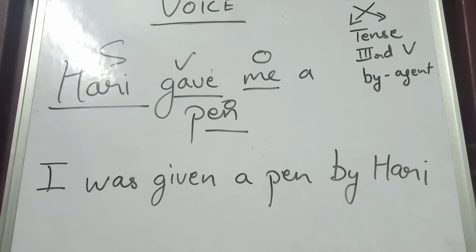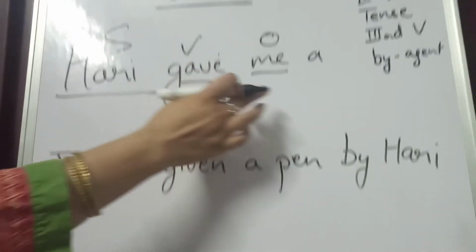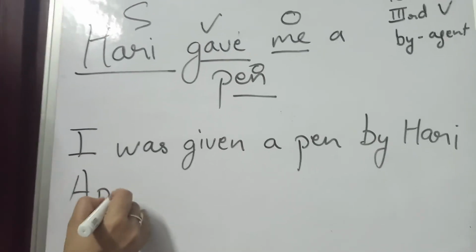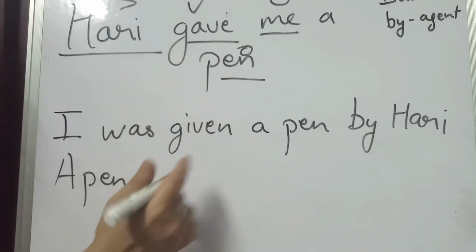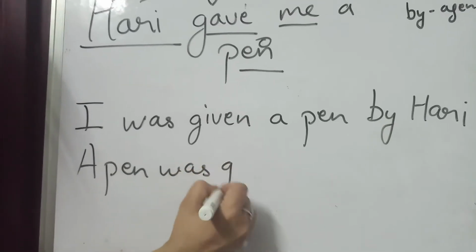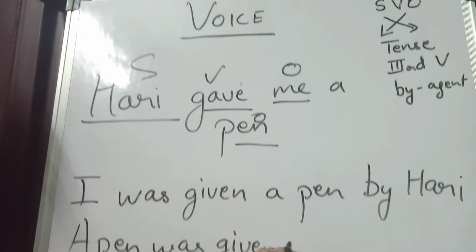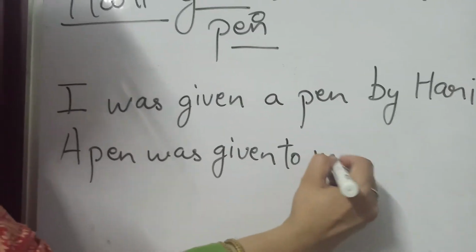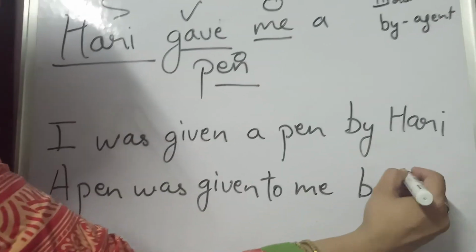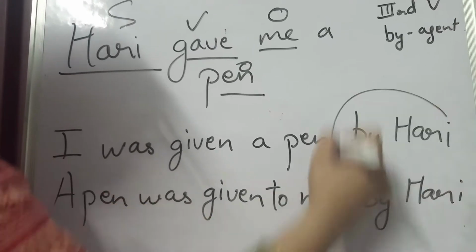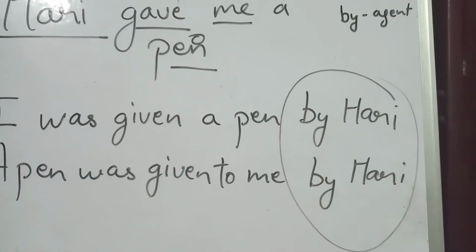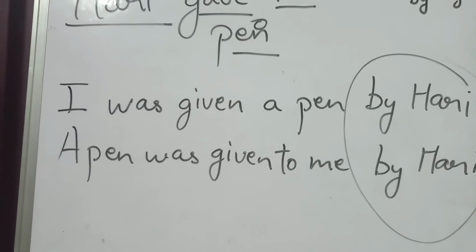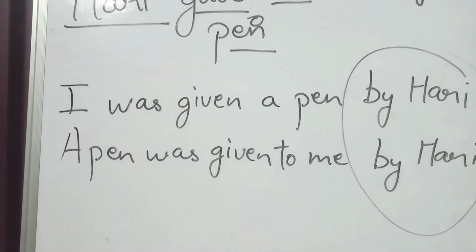First sentence is this. And now if we take this as the object, a pen, the verb will remain the same, was given. Now to me, by Hari. So what is this? You never changes, but we are changing the sentence with the marking of the object and the requirement of the object.